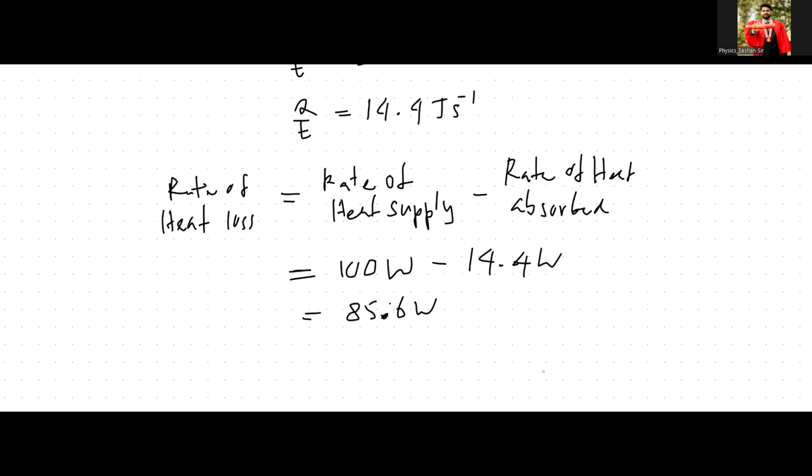Okay, then the next question. Calculate the specific heat capacity of liquid wax and the specific latent heat of fusion of wax. First of all, we have to calculate the heat capacity of liquid wax.